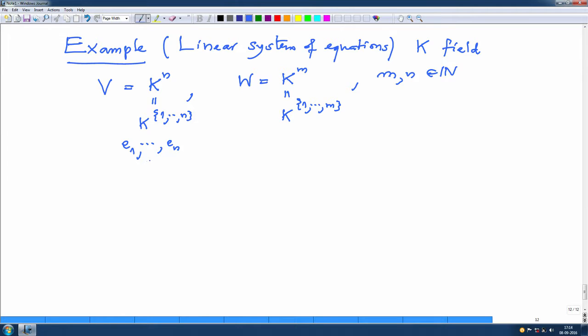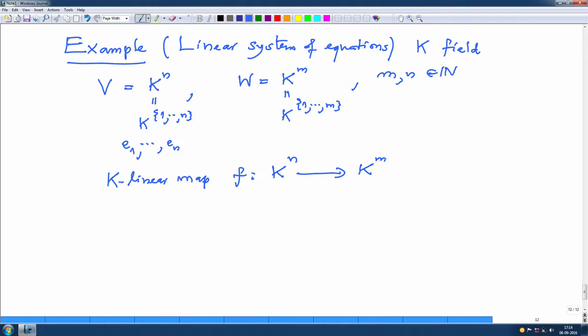These are n tuples and these are m tuples. So whenever I want to use the standard basis of W, I will be careful not to use E1 to En. And let us look at the map F, a k linear map F from k power n to k power m.